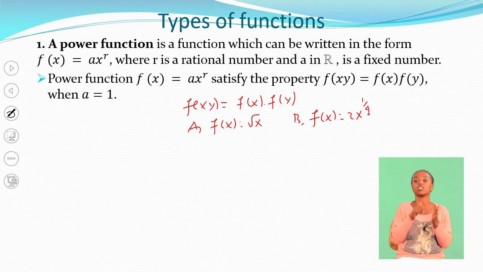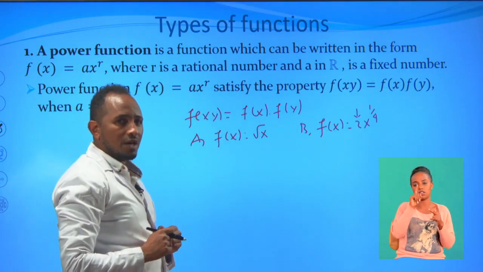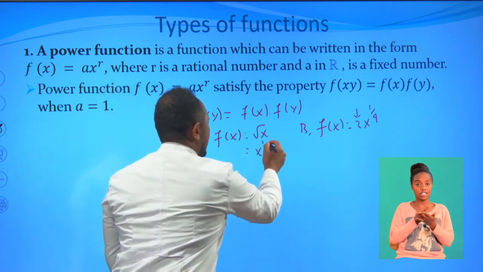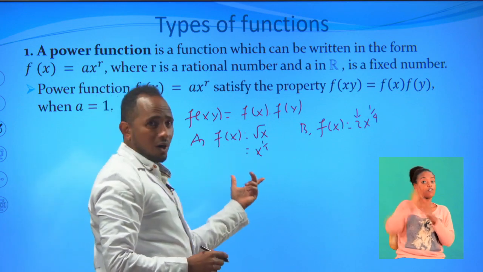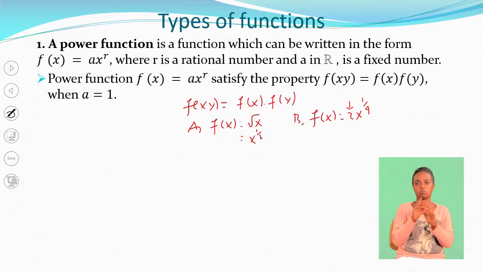You can check by putting f of xy, but easily, this is a power function, this is also a power function, but the coefficient of this power function is 2. So this doesn't satisfy the property f of xy equals f of x times f of y. But this one can be written in the form x to the power of 1 over 2. So it's a power function with coefficient 1, so it satisfies this property.